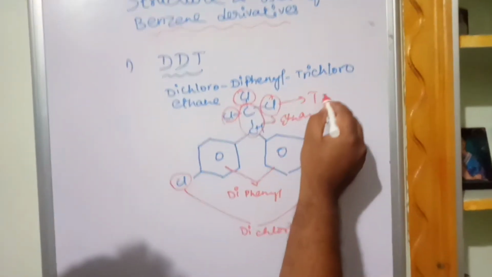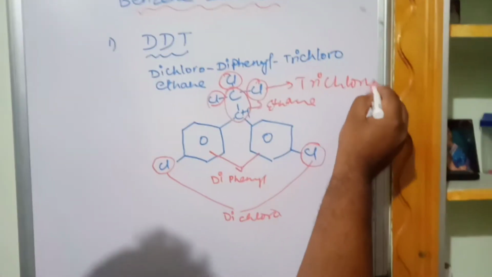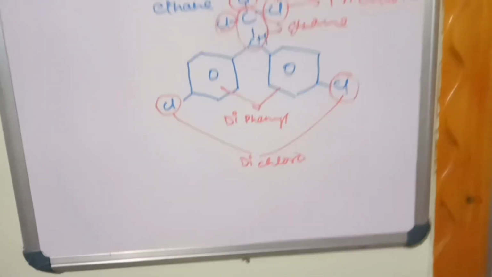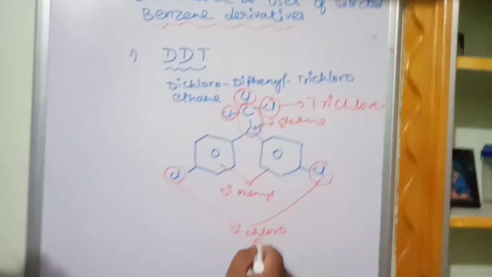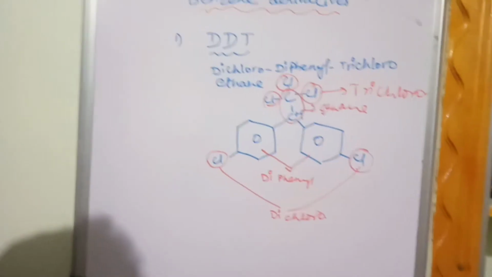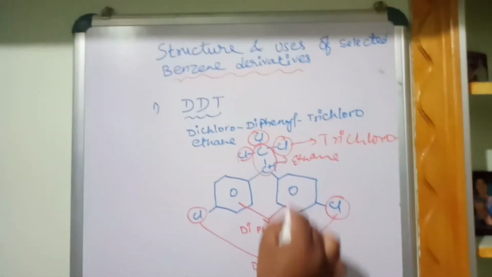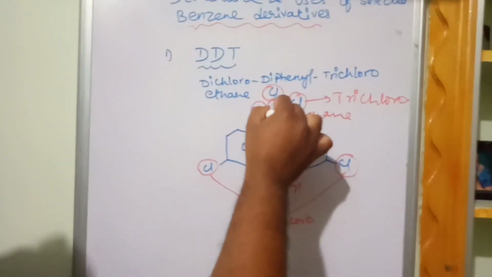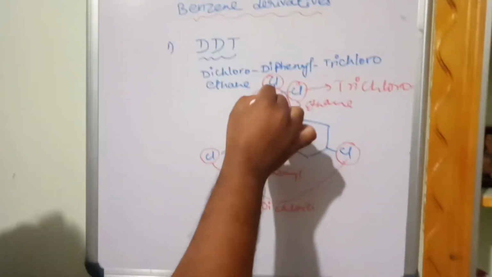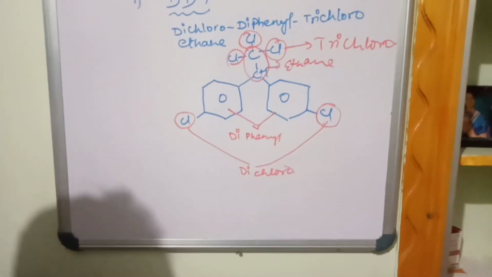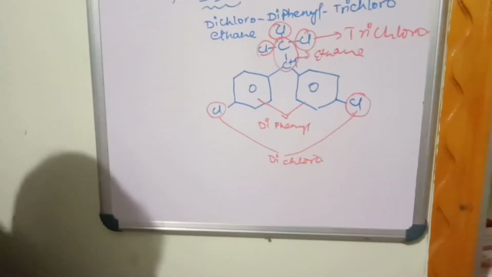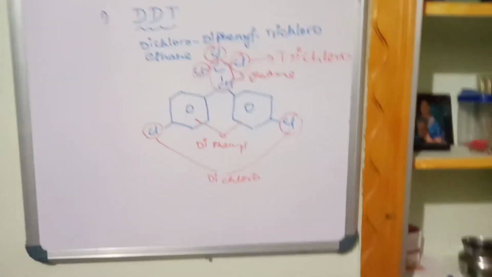That's why we call it trichloro. It is a very simple way of understanding the structure. In the name itself you can remember there is a dichloro, and there is a diphenyl; when a benzene ring becomes a substituent, it becomes phenyl. The root word is eth, and a single bond is there, so ethane, ANE. So this is the structure of DDT.